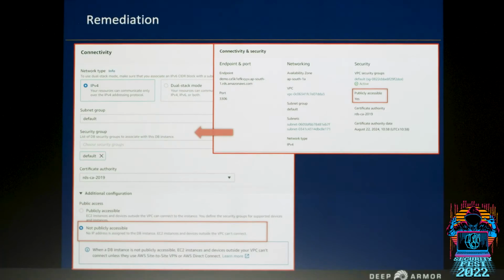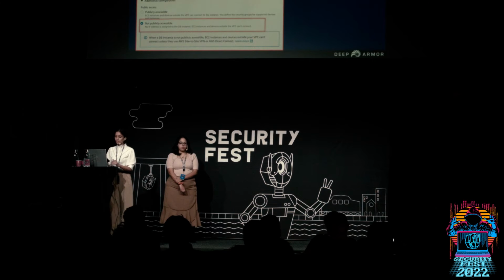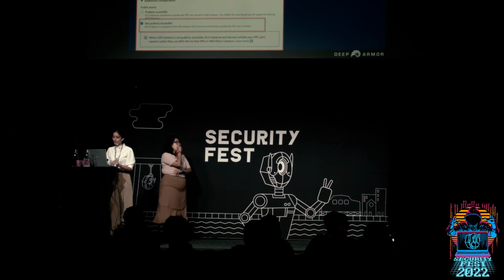Now, this all could have been prevented if you had just gone to your RDS instance and made sure your connectivity settings had an additional configuration called not publicly accessible. If you had turned this on, it wouldn't have been possible for anyone to access this RDS instance. Usually, by default, this is not publicly accessible.